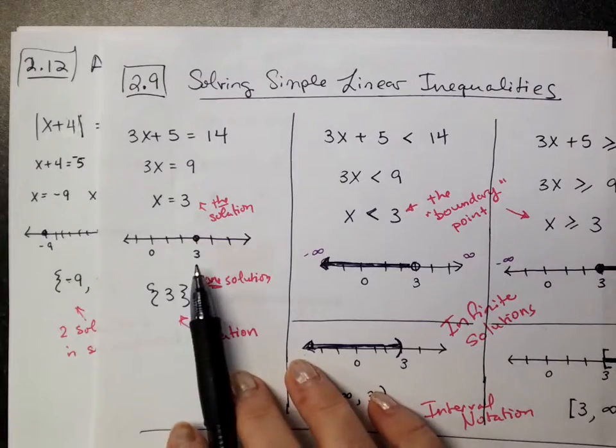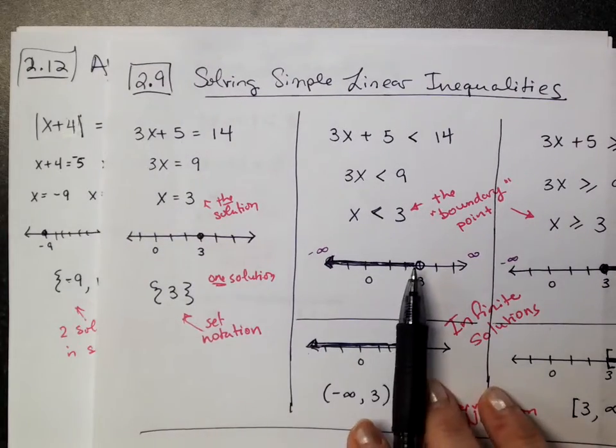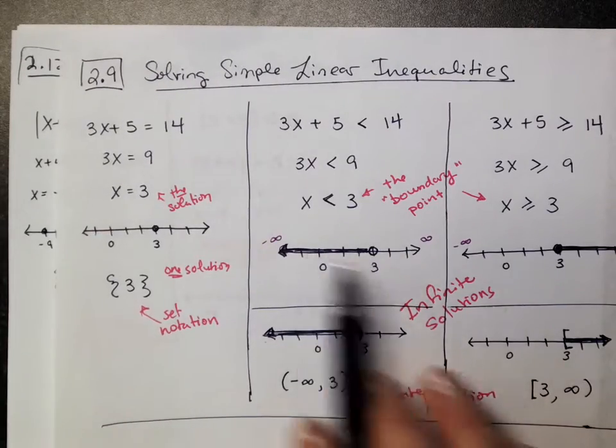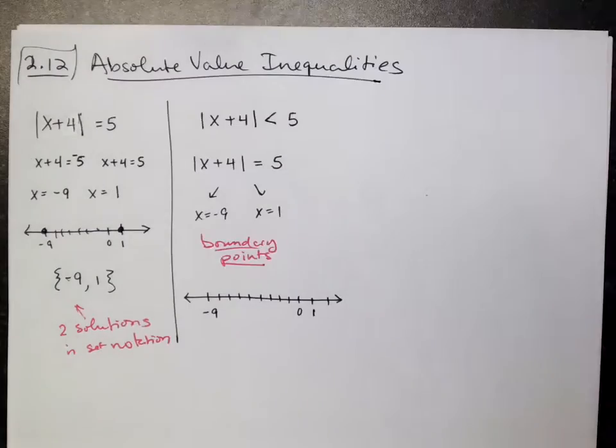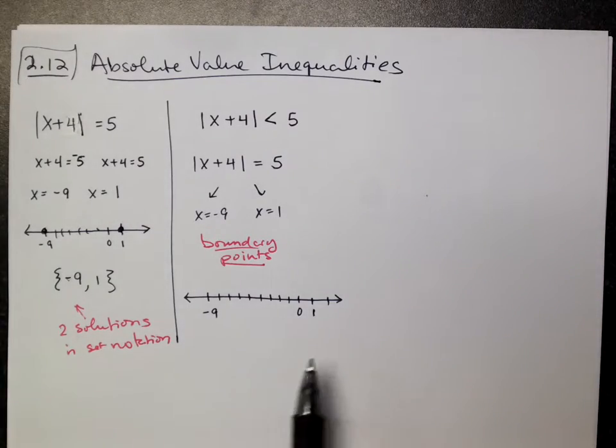Just like there's one solution here, that's the boundary point, and then the solution for the inequality either goes off to the left or off to the right. Okay? Well, my solution here is going to start with my boundary points, and they're either going to start at the boundary points and move in, or they're going to start at the boundary points and move out. And here's the way to think about it.